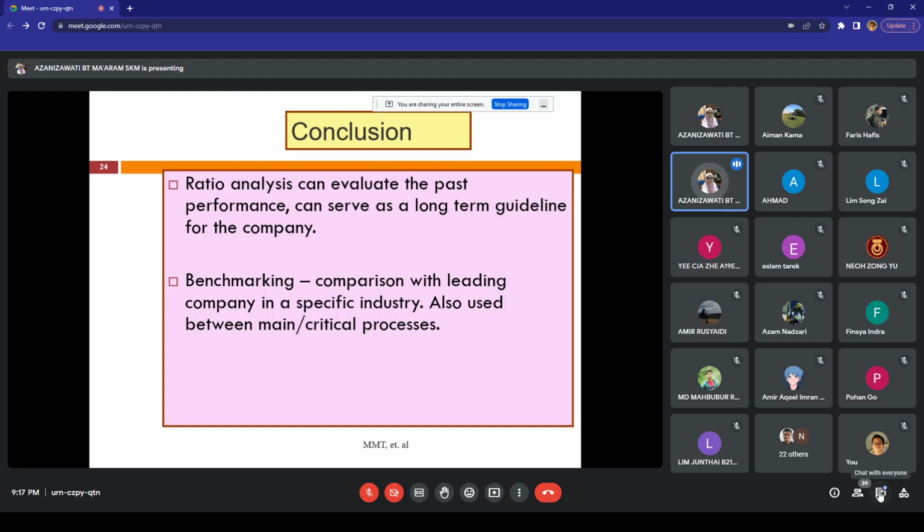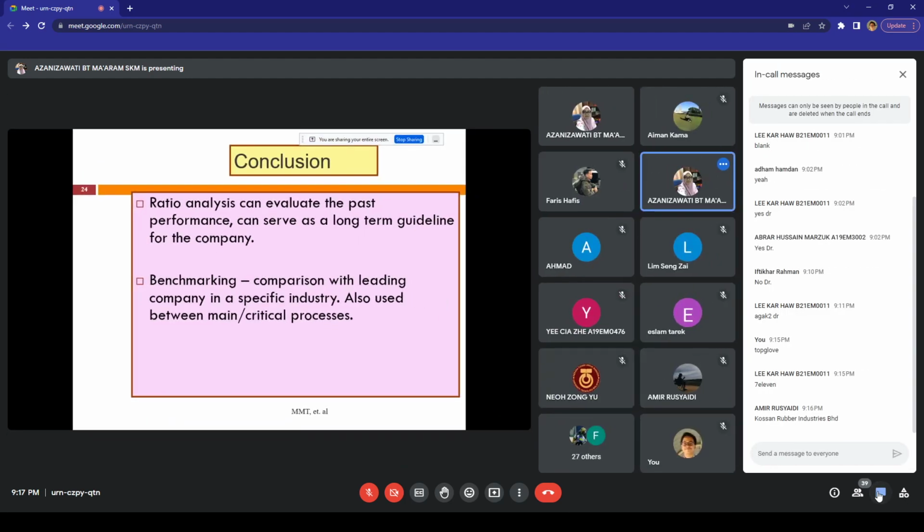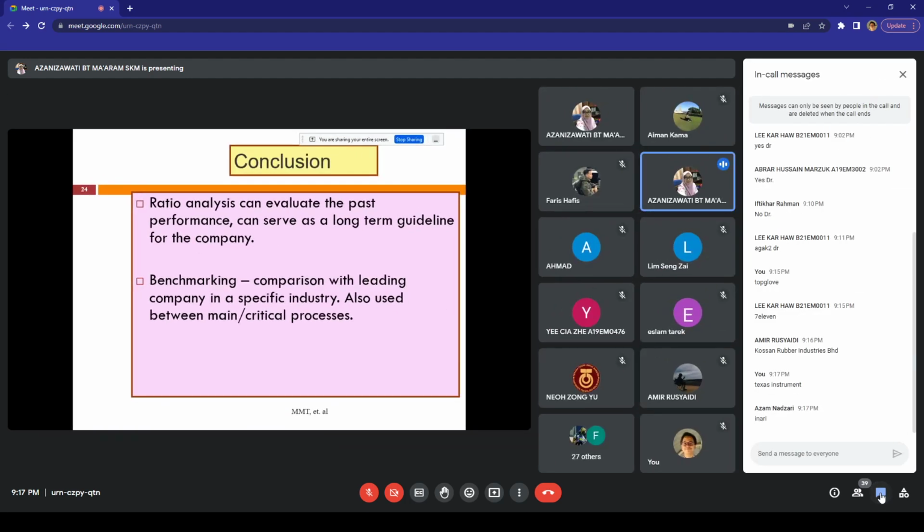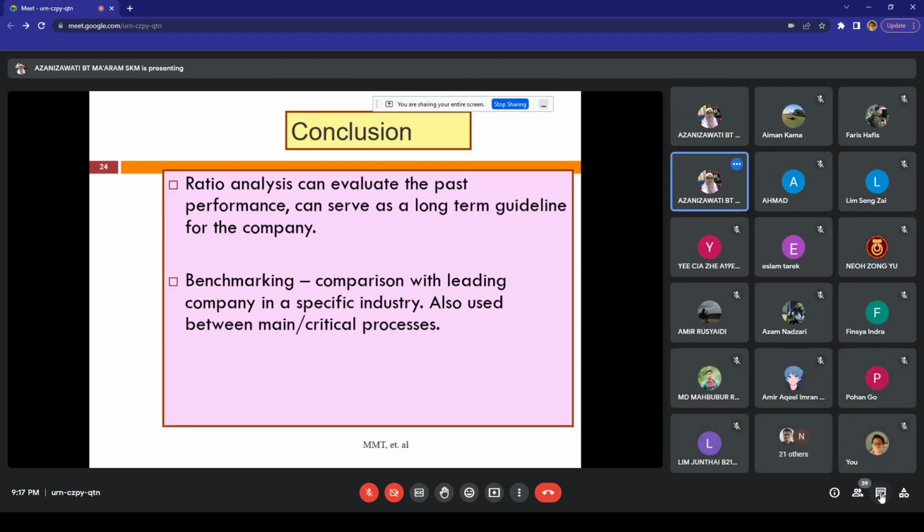So in semiconductor, who is the leading company? Do you know any leading company in semiconductor? Nvidia.